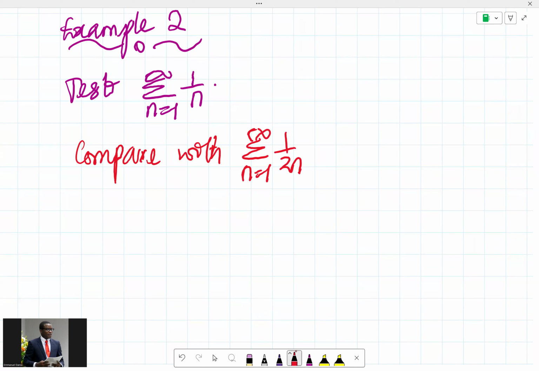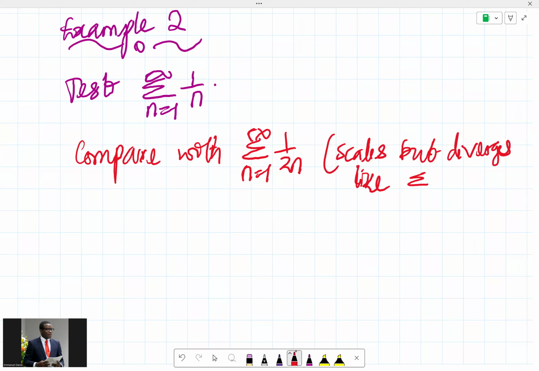So this scales, but it also diverges. Normally 1 over n diverges. So this scales but diverges, like, from everything we've done so far, we know it diverges like the series 1 over n.